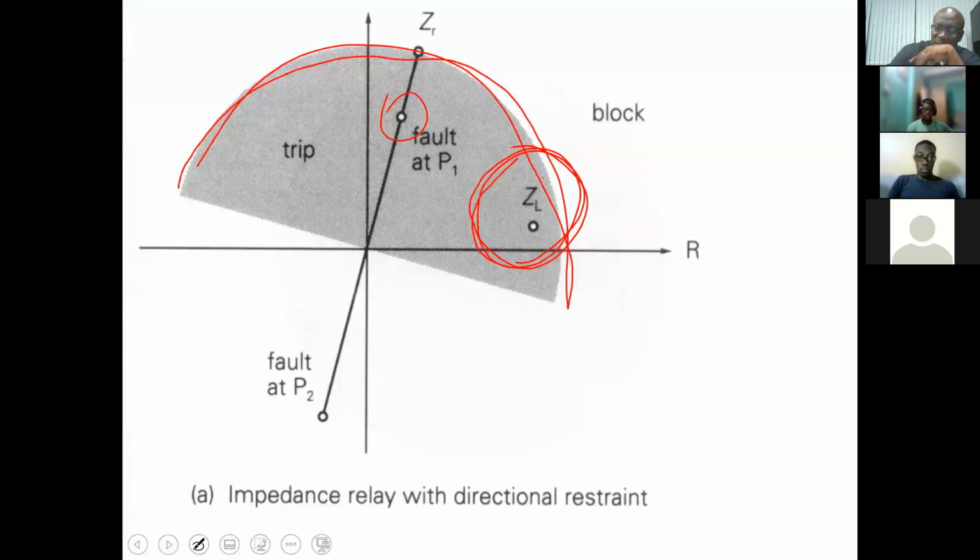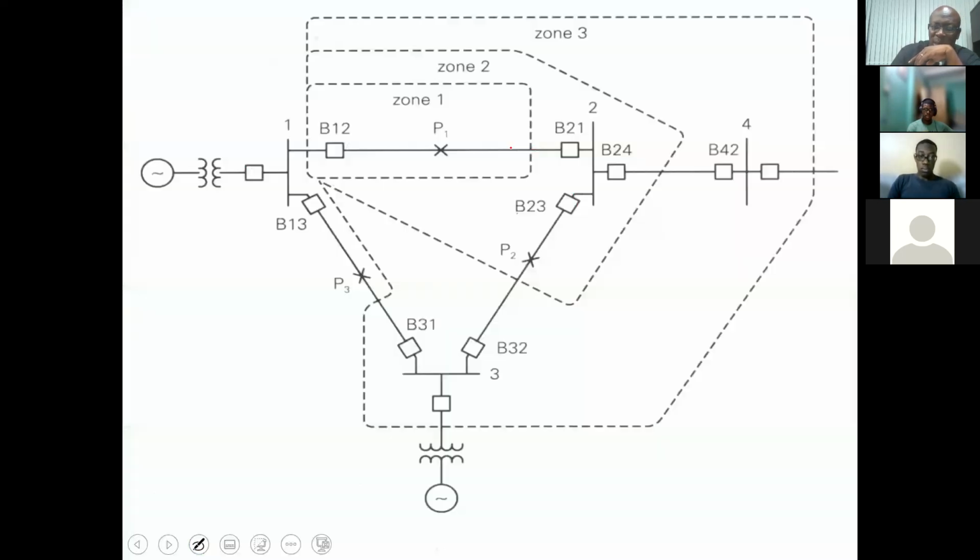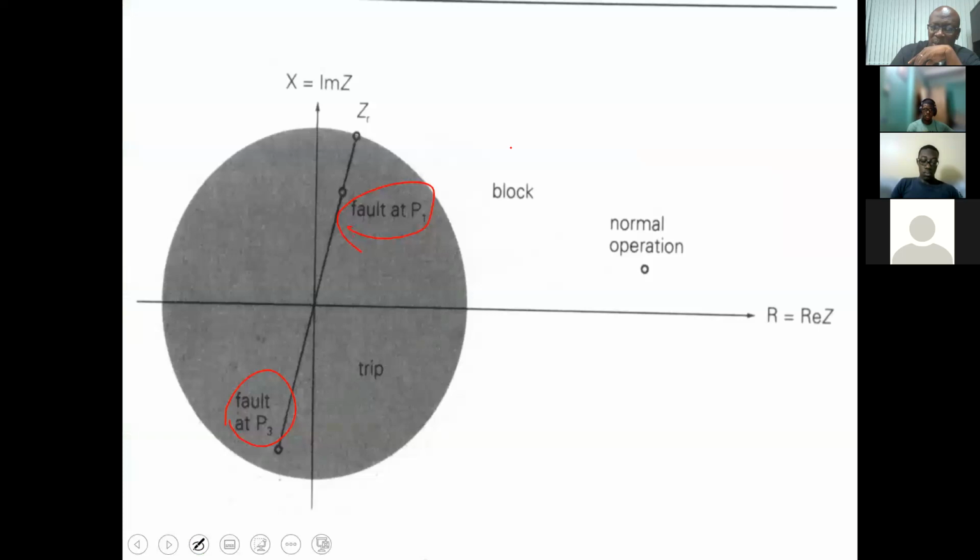Yes. So ideally, remember now, let's go back. I hope I'm not making too many assumptions and going too quickly. So initially we said that the impedance must be less than the setting value, the value that I set. Once it falls below that, it will operate.